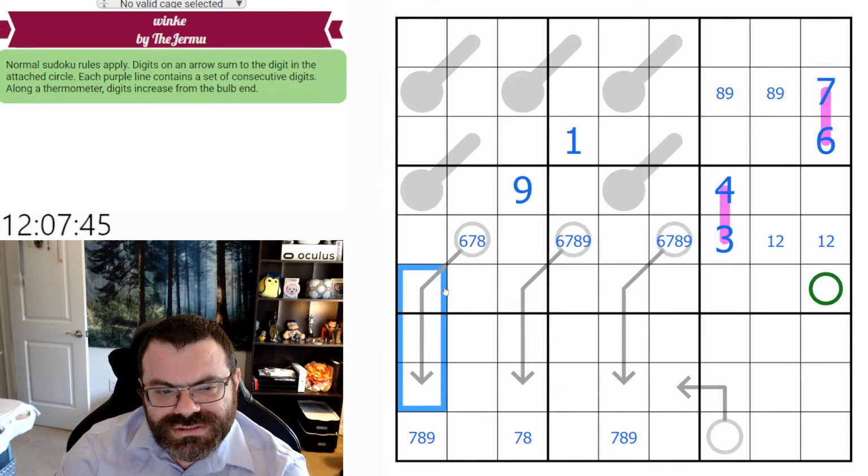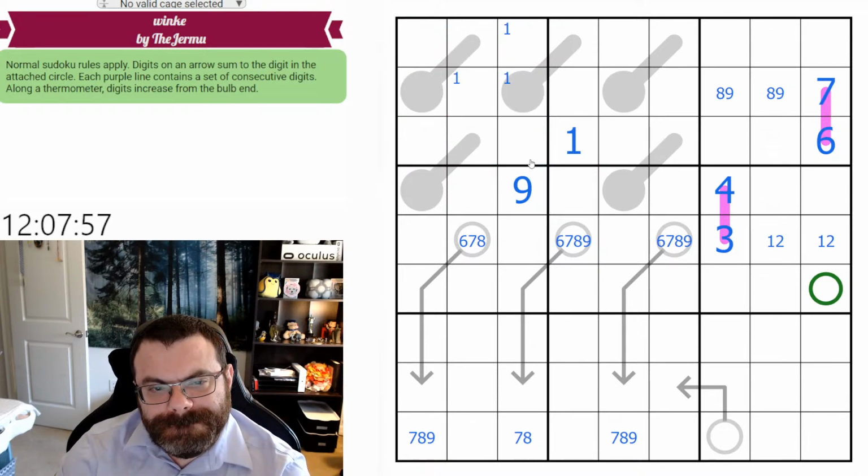Right, this has a 1 on it. So 1's in one of these 3. Ah, this one sees over. So 1's up here. That sees this one. So 1's one of these.